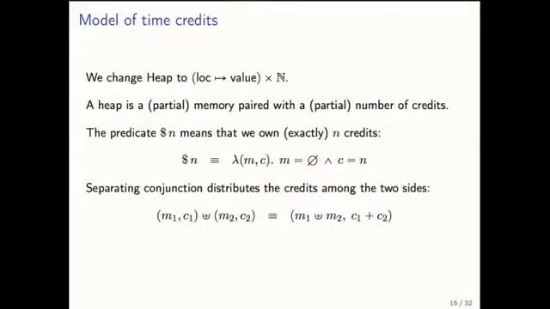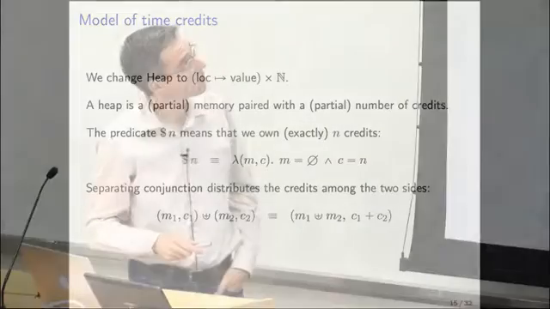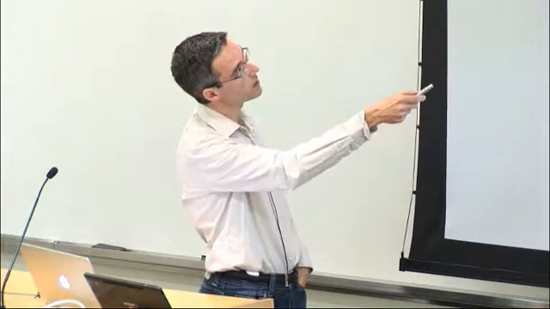So first I'll say how we define $n, how this predicate is defined. You can think of the heap as containing a special memory location where there is a certain number of credits that is stored. So to say that, we're changing the type of heap.